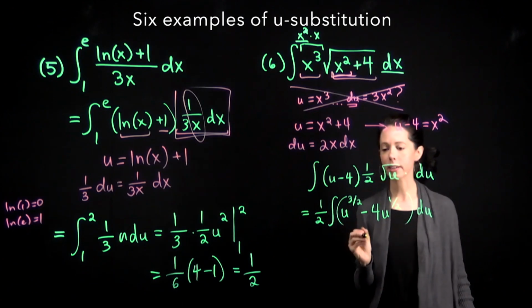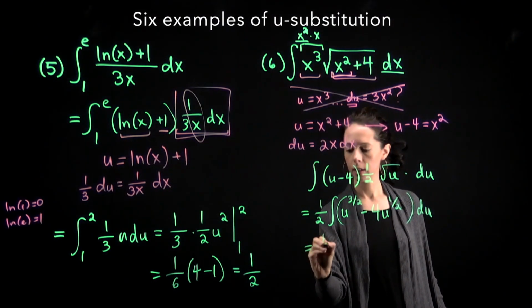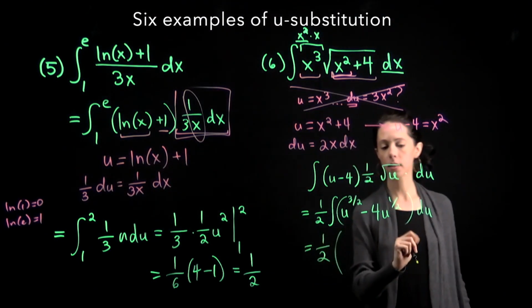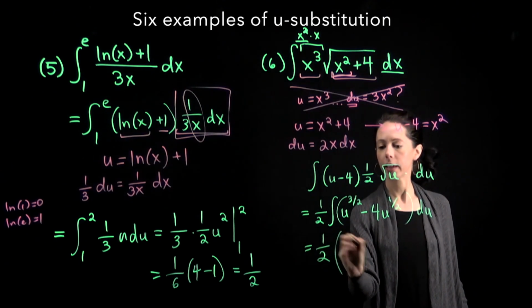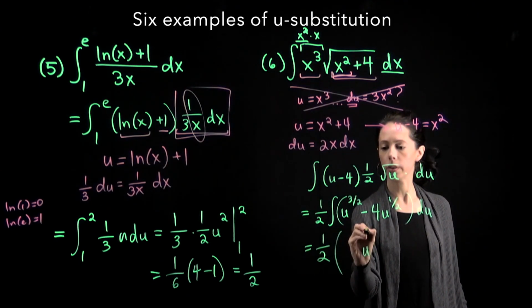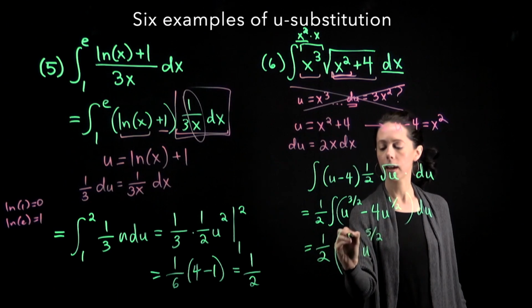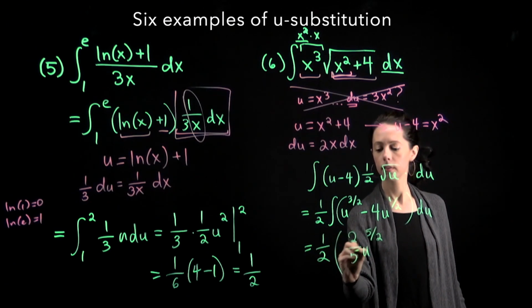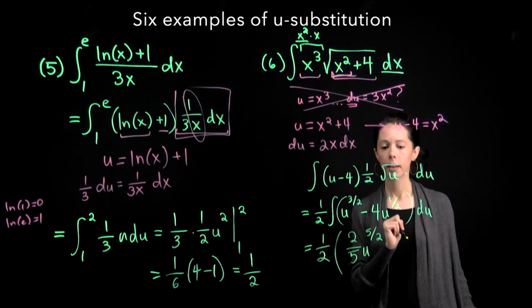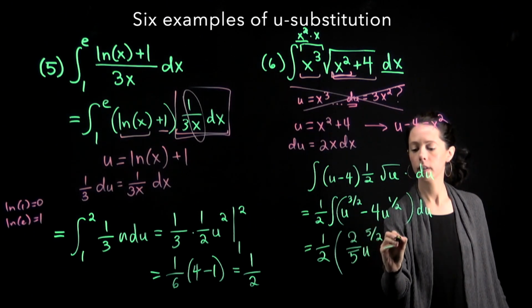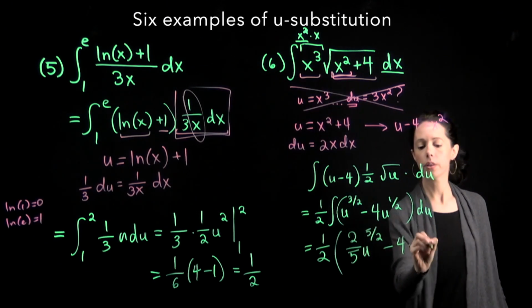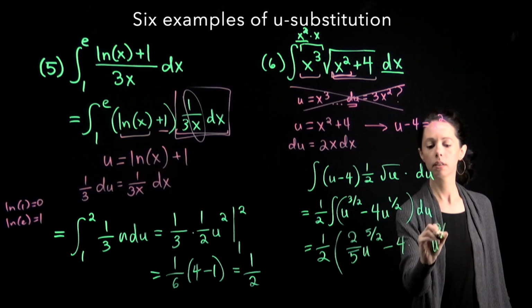Okay, now we're going to anti-differentiate. So we have 1/2 times u to the 3/2 power. The antiderivative of that is going to be u to the 5/2 times 2/5. And then minus 4 times u to the 3/2 times 2/3.